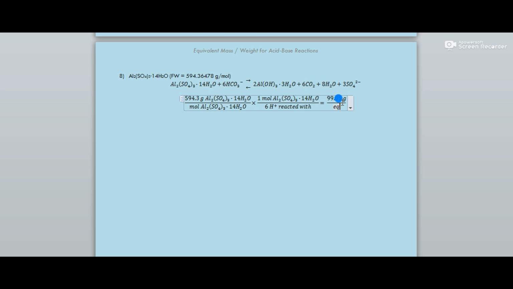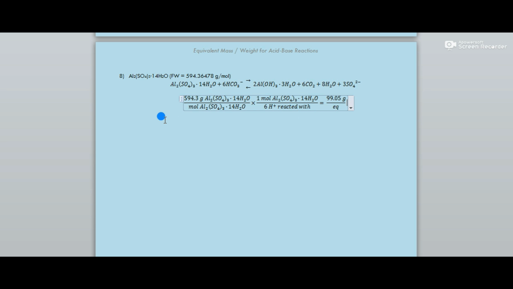In some textbooks, this is approximately 100. In the water and wastewater treatment book, it is approximately 100 grams per equivalent. You get this if you use 14.3 for this complex substance. Here we got 99.05. So there you go.